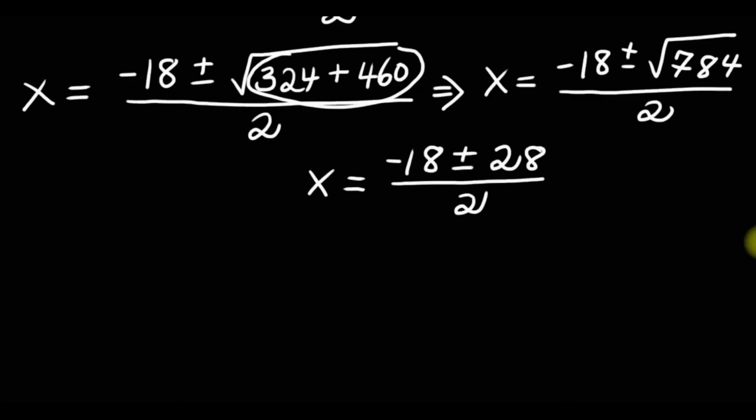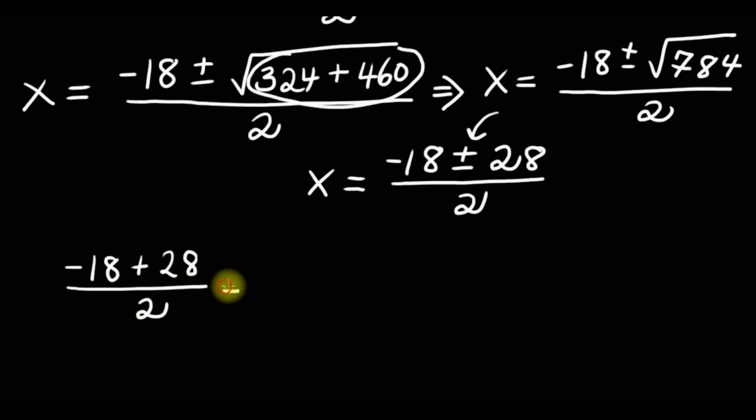Okay, so we're going to break this up into 2 numbers because of the plus or minus here. You have negative 18 plus 28, and you also have negative 18 minus 28. So negative 18 plus 28 all over 2 leaves you with 10 over 2, and that is going to give you 5.